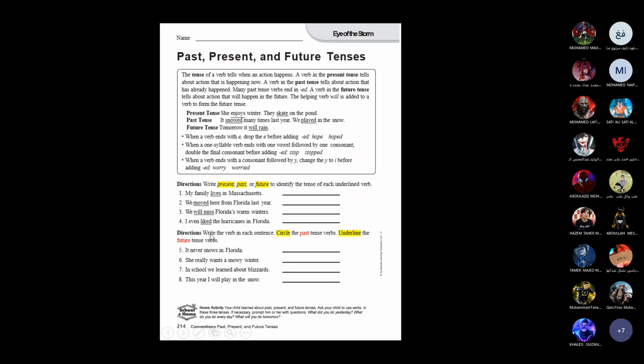See the instructions: write the verb in each sentence, then circle the past and underline the future. That means on your writings. Okay. The same way, I don't know where the problem is. Tamir Jabal. Okay, Tamir, very good.